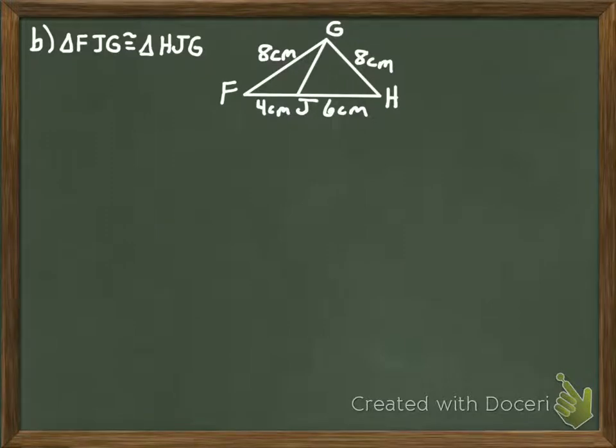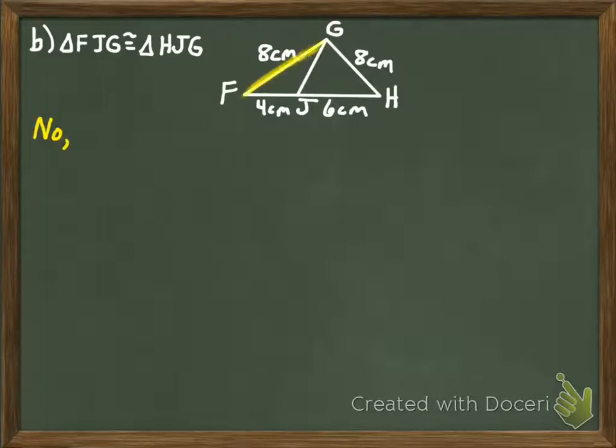Same directions. Can we prove that this triangle FJG right here is congruent to triangle HJG? And it turns out that the answer is no, and I think you can see why it's no already, but let's start the explanation.